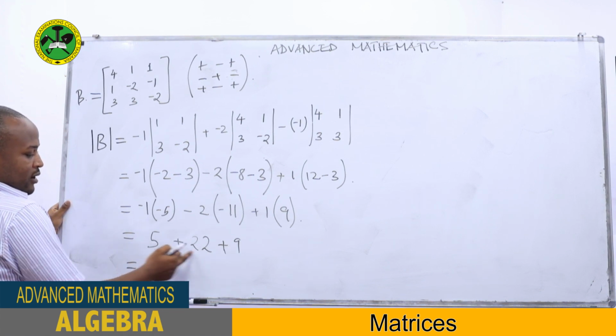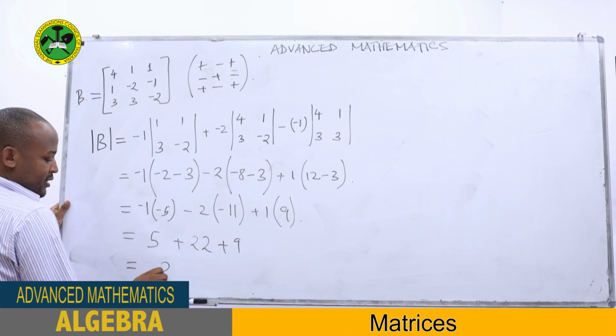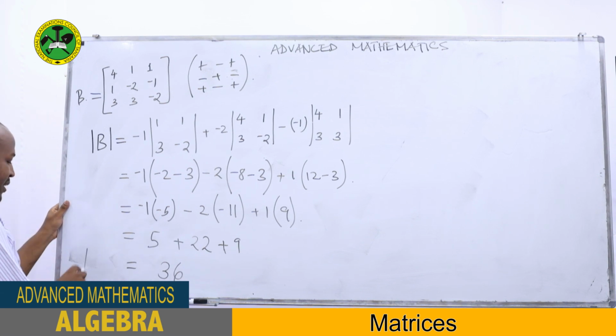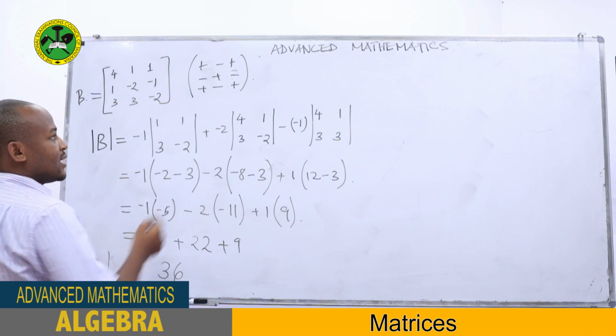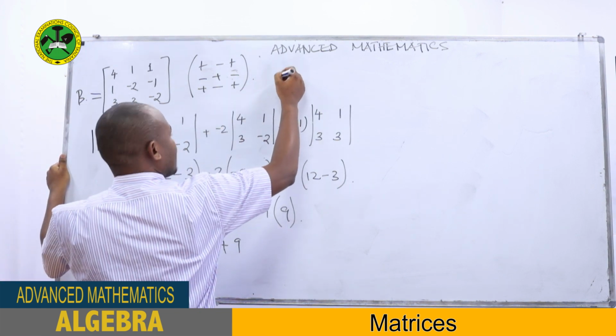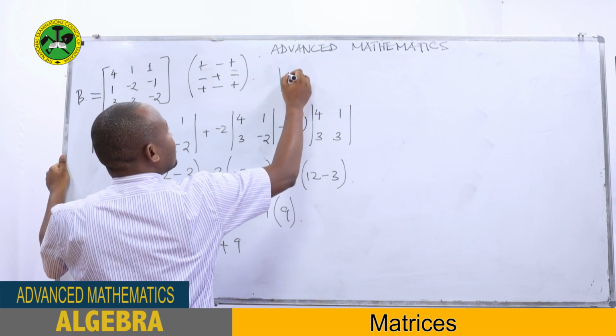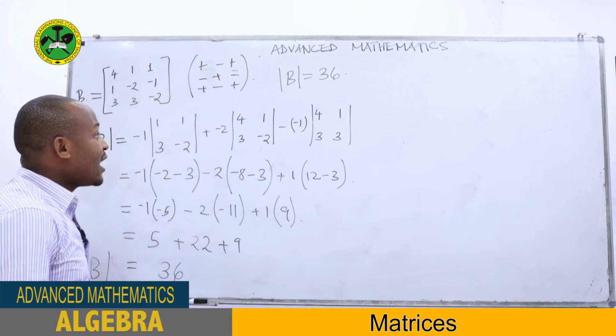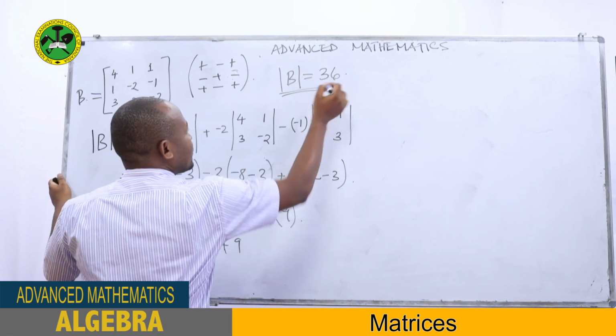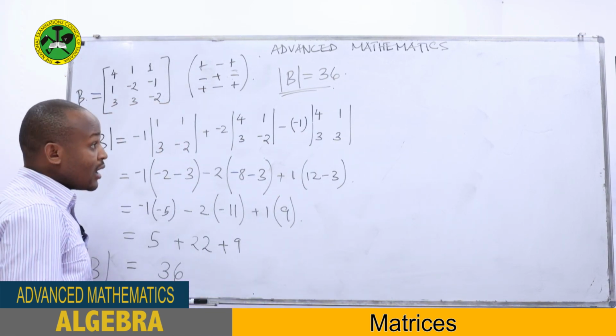Summing this, we have 27, then 36. That means the determinant of matrix B is 36. Now remember this determinant. Let's put it there. Our board is a little bit small. Now we have the determinant, that is 36.